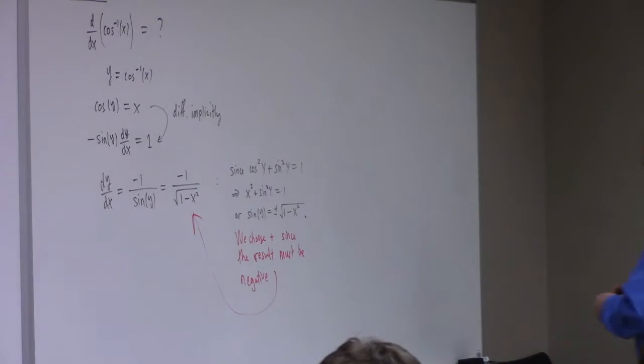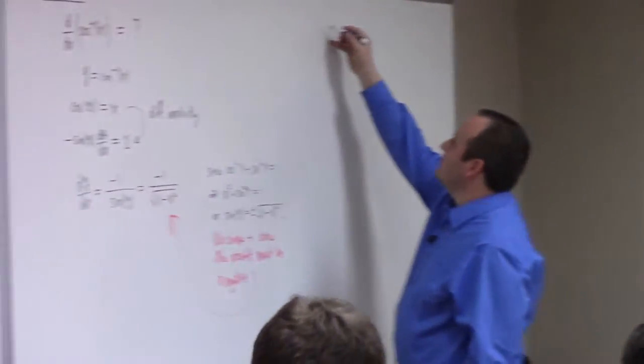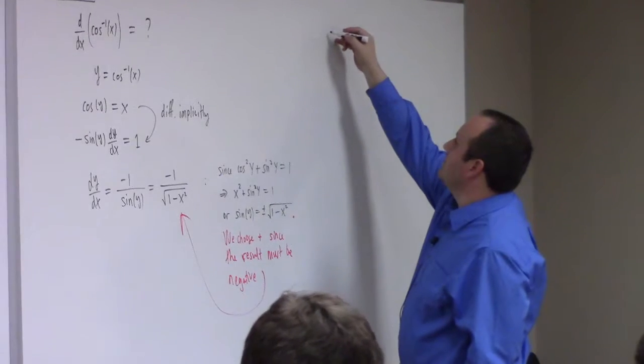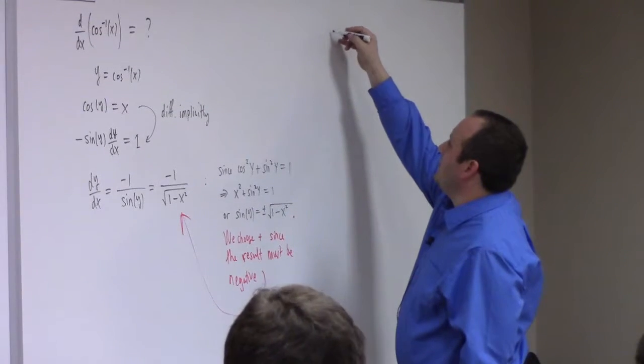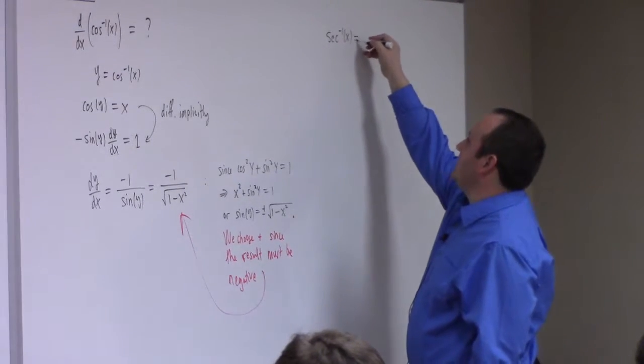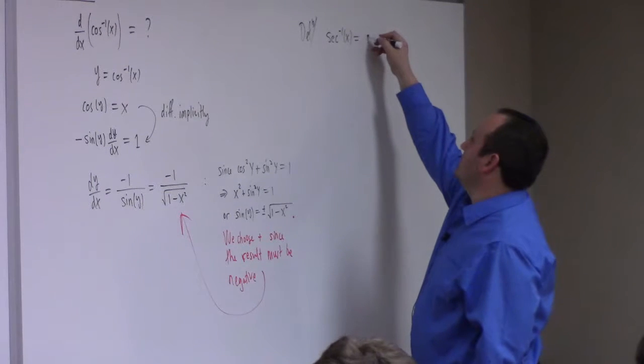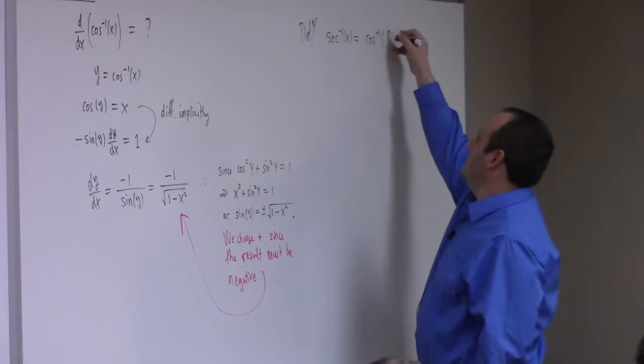The other thing I was a little bit leery of was explaining to you why we define secant inverse of x as being what? Our definition was cosine inverse of 1 over x, right?